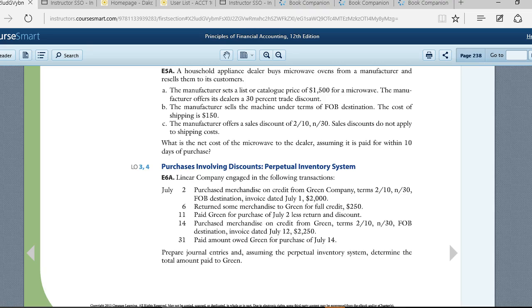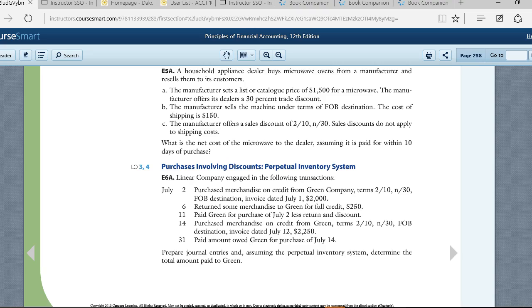July 2nd, purchased merchandise on credit from Green Company. Terms 2/10, net 30, free on board to the destination. Invoice dated July 1st, 2000. Can anyone tell me what that means? We are the purchasing company here.